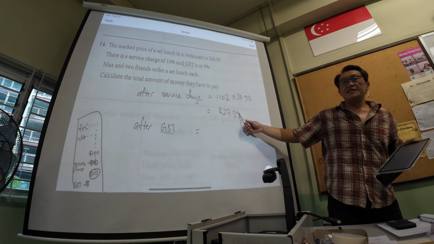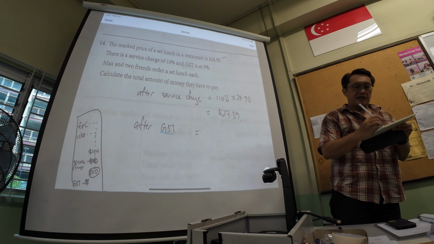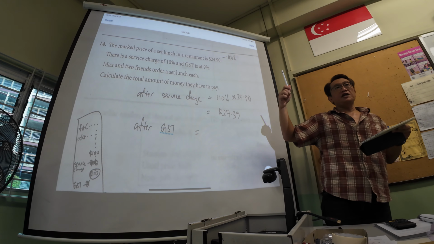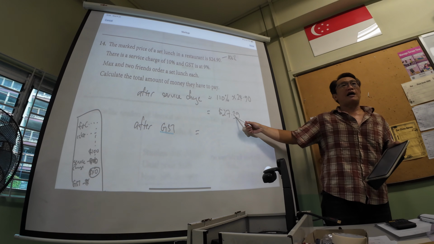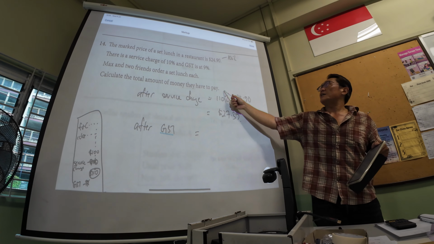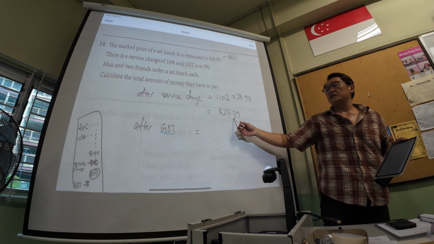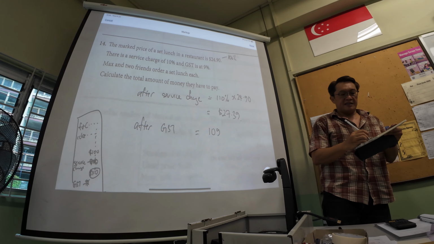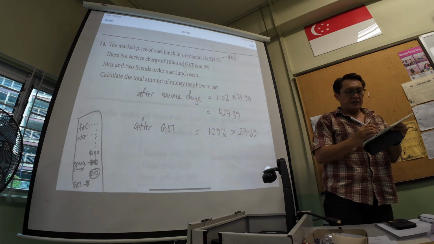So now this is the new 100%. Just now 24.9 was the 100%. But when we are calculating GST, GST is 9% of this. So this is now the 100%. Different, huh? When we are calculating the service charge, 24.90 was the 100%. When we are calculating GST, this one is the 100%. So I can take 109% of 27.39.